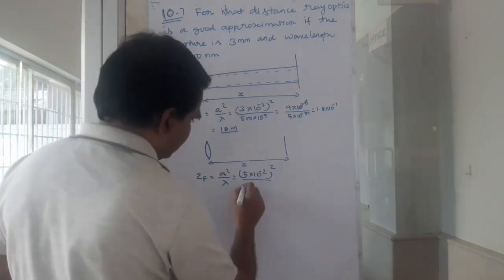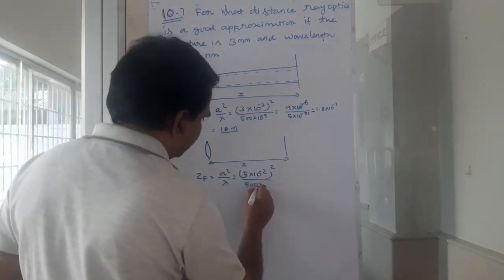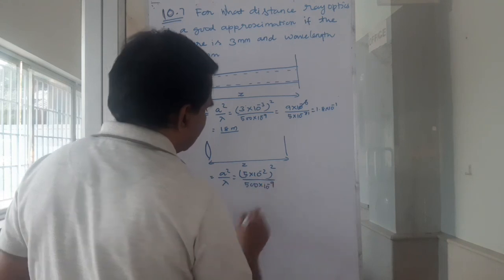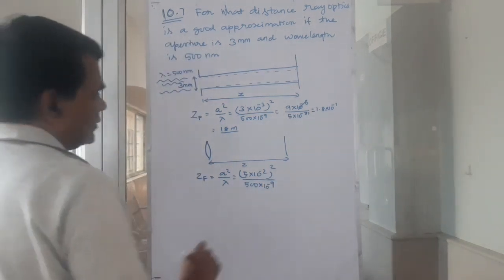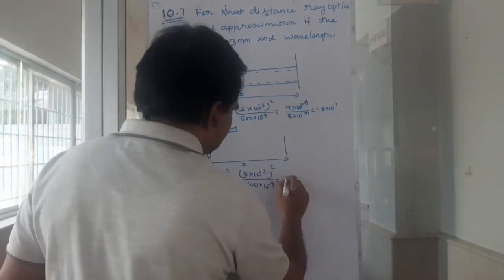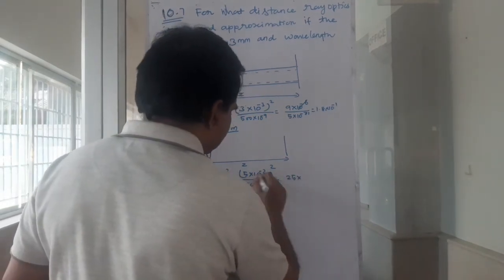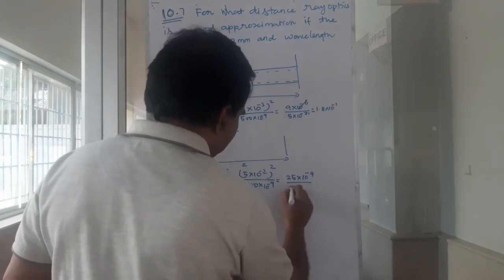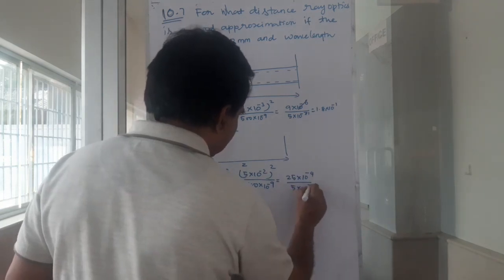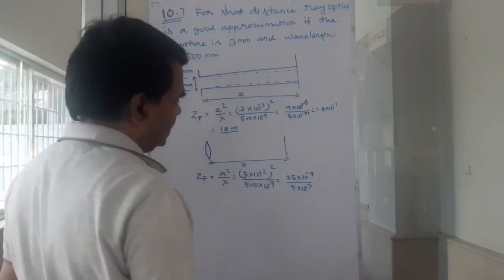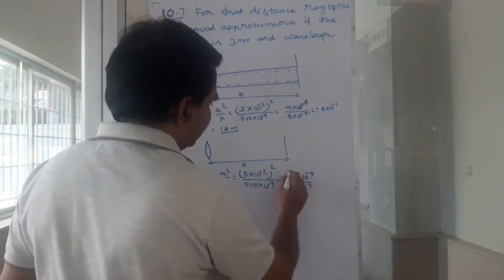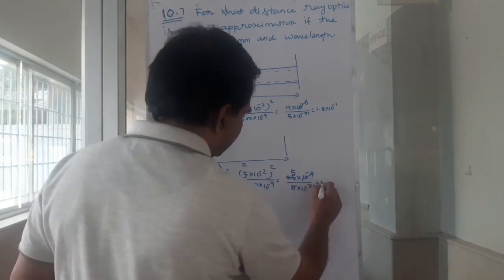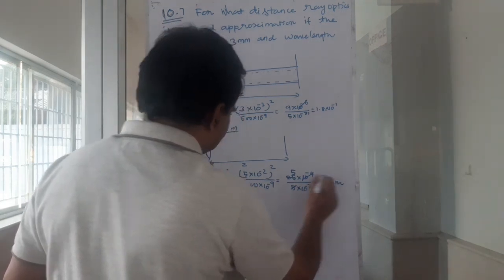I will use the same average wavelength, 5 into 10 power minus 9 nanometers. So this gives me 25 into 10 power minus 4, divided by 5 into 10 power minus 7. So this is 5 and this is 3, equal to roughly 5,000 meters.